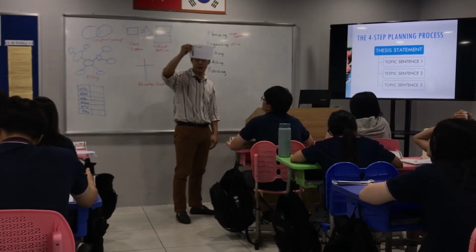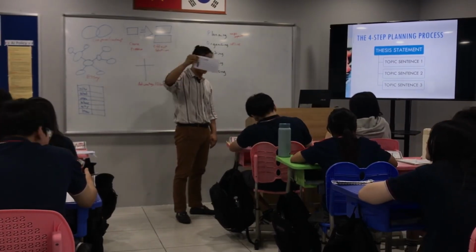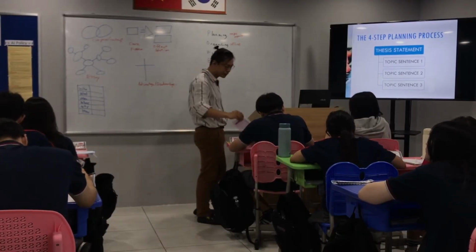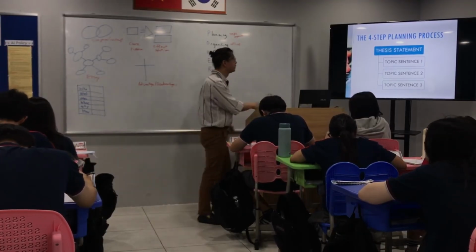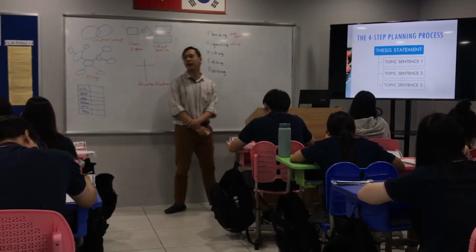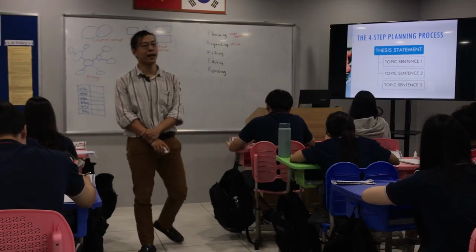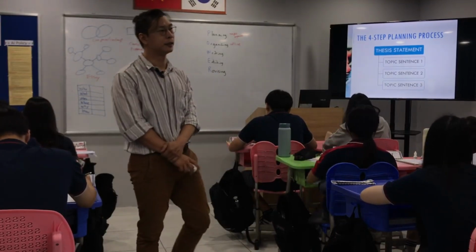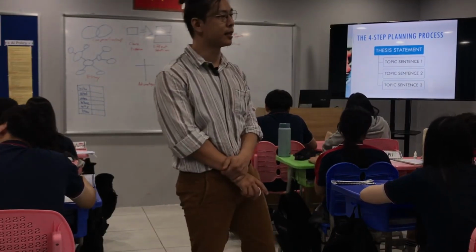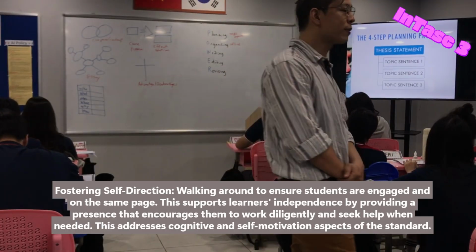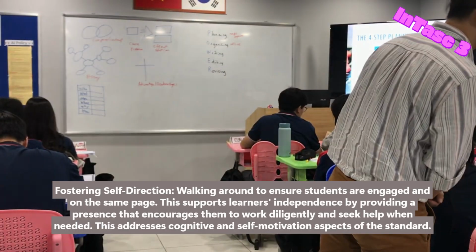All right, not yet, but you're going to use this to help you plan your ideas. So, where do you find the thesis statement? Where again do you find the thesis statement? Where can you find the thesis statement? Which part of the essay? Which paragraph?